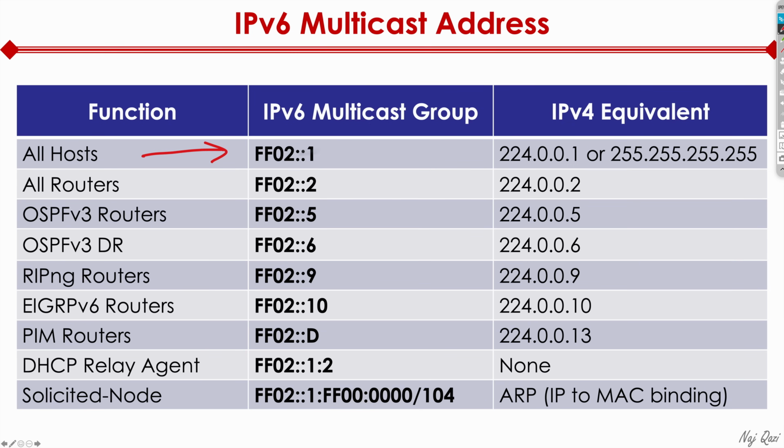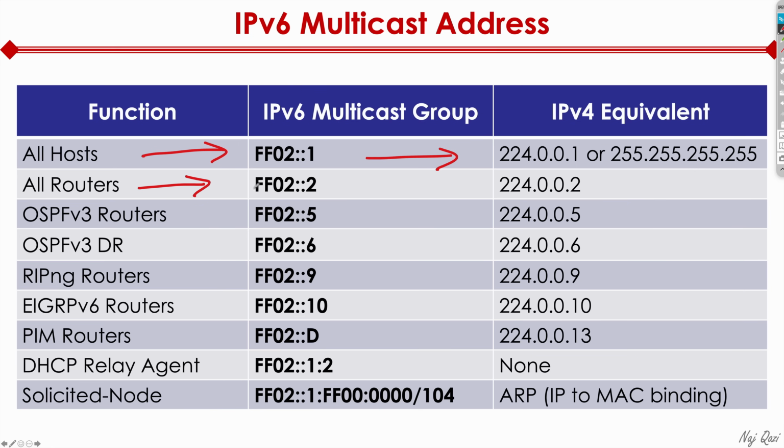The all hosts address in IPv6 multicast is FF02::1. It's analogous to 224.0.0.1, or the all hosts broadcast, which is all 255s. That means when you send anything to this destination, all hosts will get it.